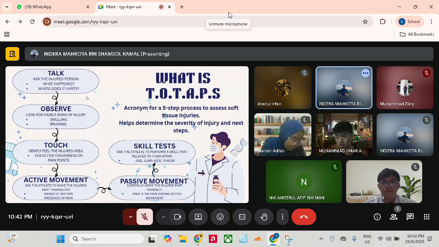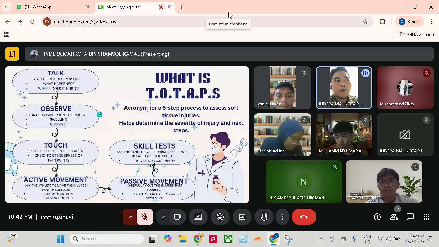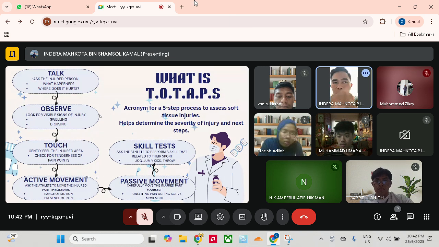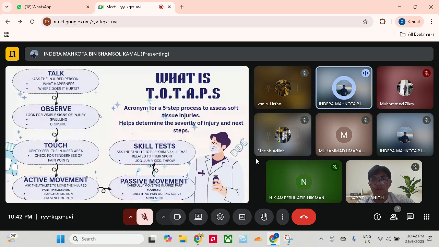Observe. As the first aider, you have to look for visible signs of injury, such as swelling, bruising, or bleeding. So you observe the injured person. The third one is touch. You can gently feel the injured area.